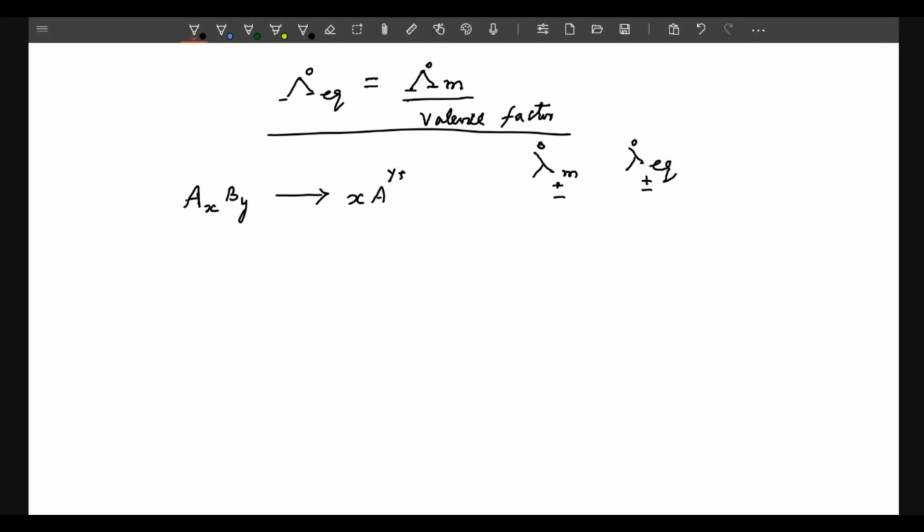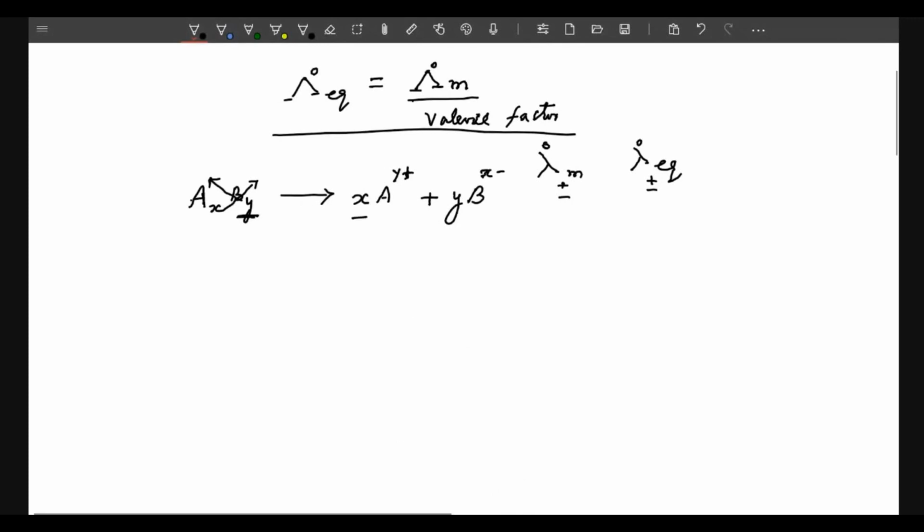How did you find this? Because if you cross the y, it is the valency of A, and if you cross the x, it is the valency of B. Therefore, x A ions with valency y plus, and how many B ions would be there? B ions would be y number, and what would be its valency? x minus. This is the general ionization character.